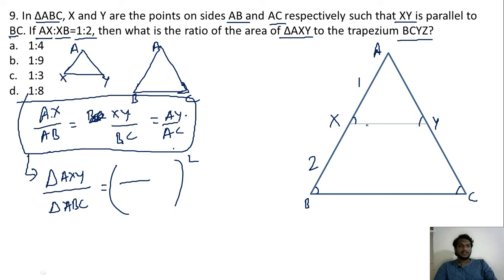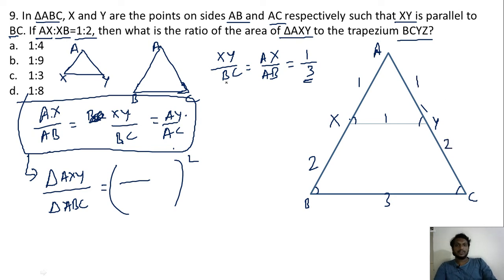The ratio of the lengths XY and BC will be equal to the ratio of AX to AB, which is equal to 1 by 1 plus 2, 3. So this is 1 and this is 3. Similarly here also AY by YC will be 1:2.